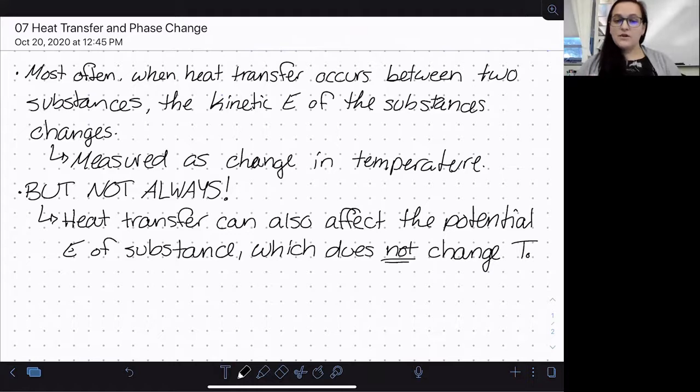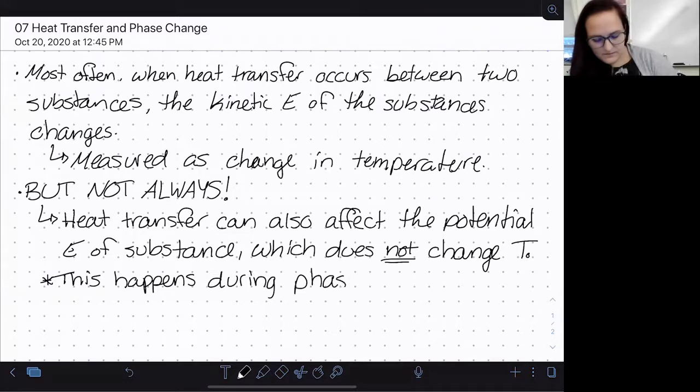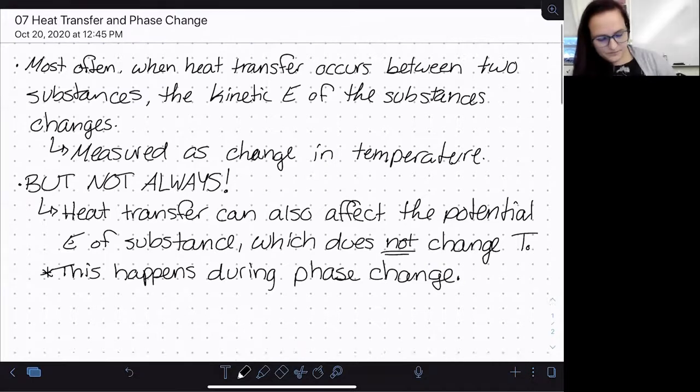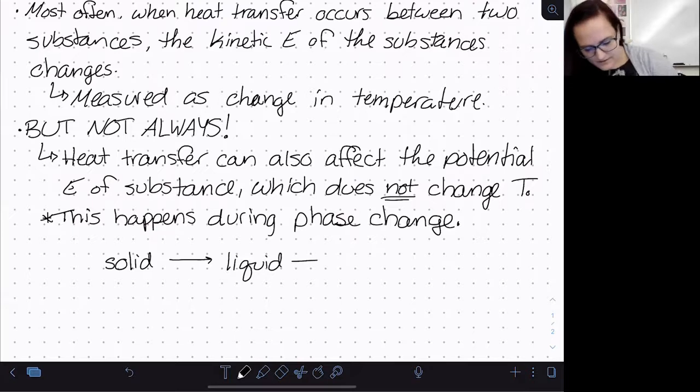So when potential energy is what's changing, we're undergoing a phase change, from solid to liquid, or liquid to gas, or gas to liquid, or liquid to solid.